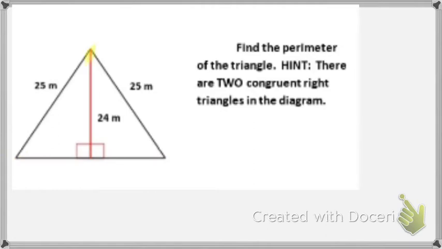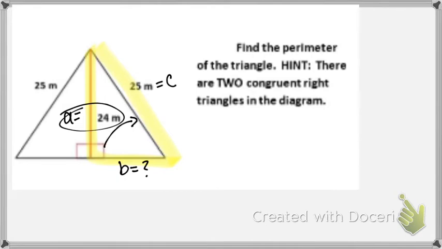So we're just going to use one triangle, just this one right here. And if you see, just for this triangle, we do have an A, which is 24. My B, my other leg, remember the 2 legs that form the 90-degree angle are A and B. We don't know what that is. And then C is 25.